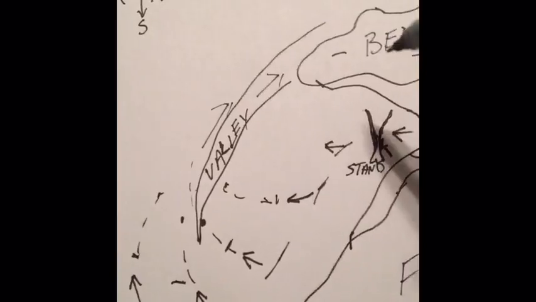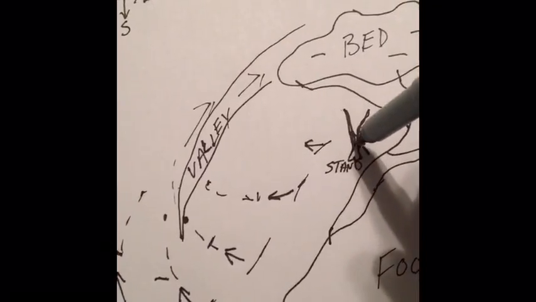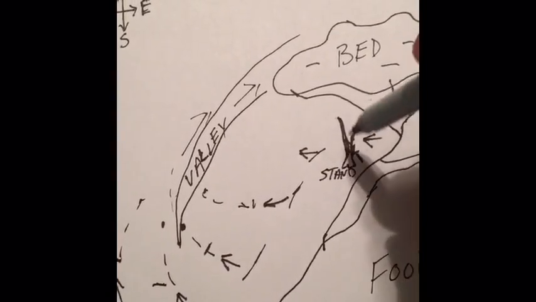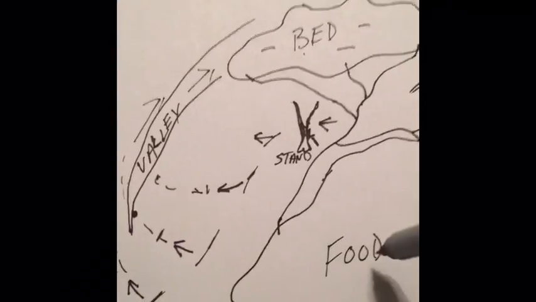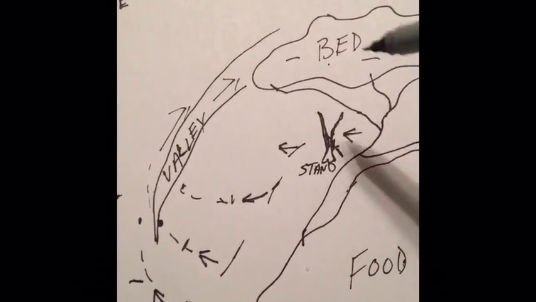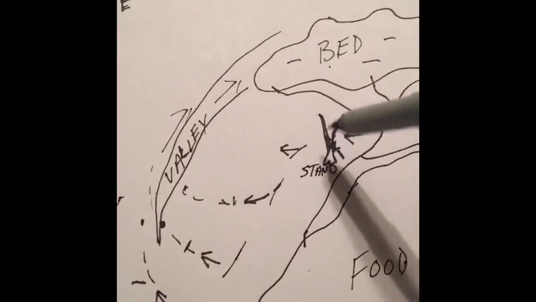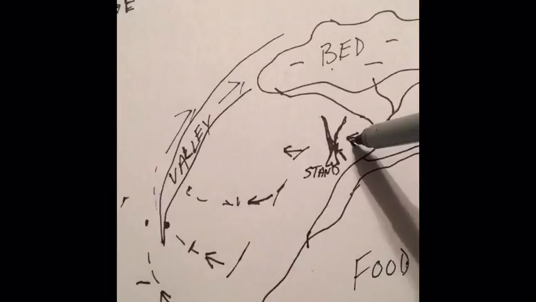Now, if this scenario plays out the way I'm talking about, we don't want these deer to be in that bed when I hunt this stand. We're going to want these deer to be in this food plot.